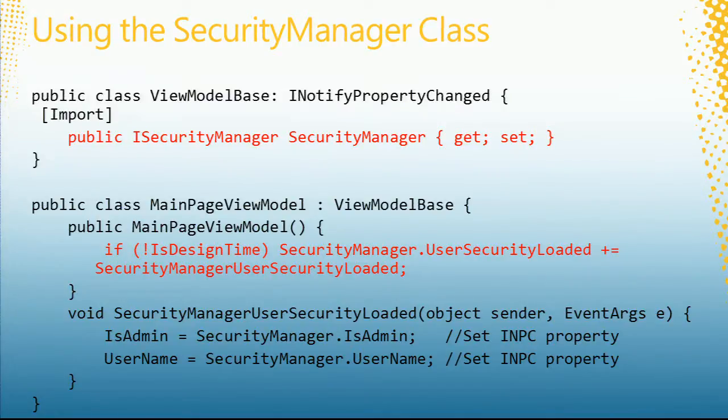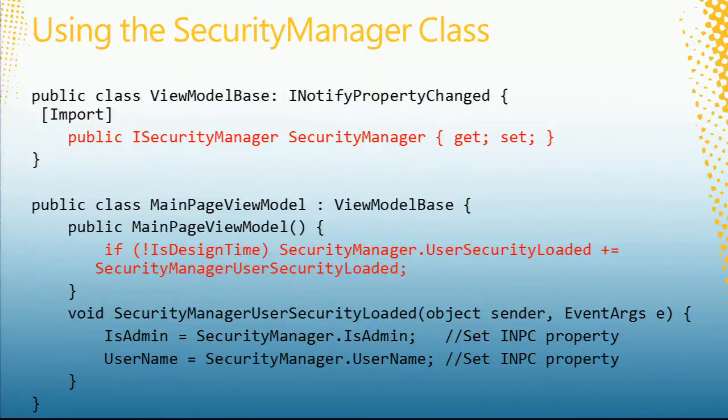And I'm going to add a call to my security manager to know when it's completed. Then you'll notice when it is completed, I'm going to go into the isAdmin and the username and set those to the view model's isAdmin and username, so that whatever's bound to those will get notified. I notify property changed. Typical standard Silverlight.